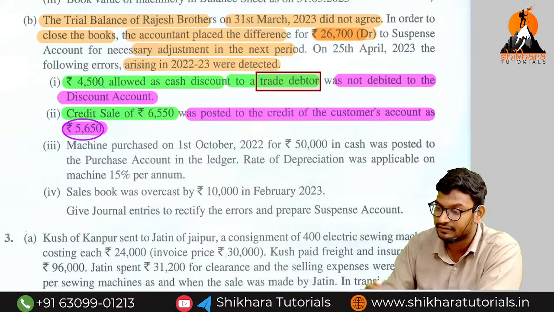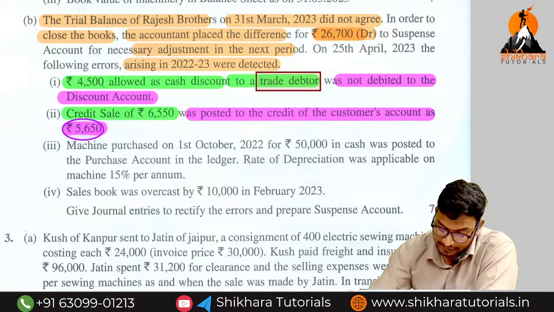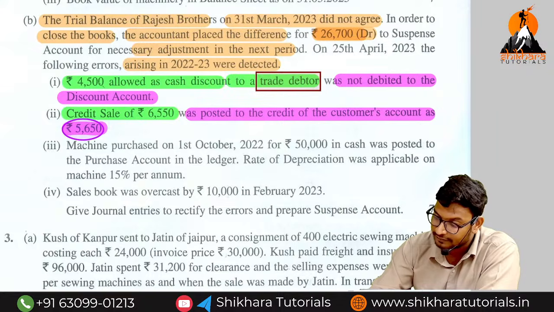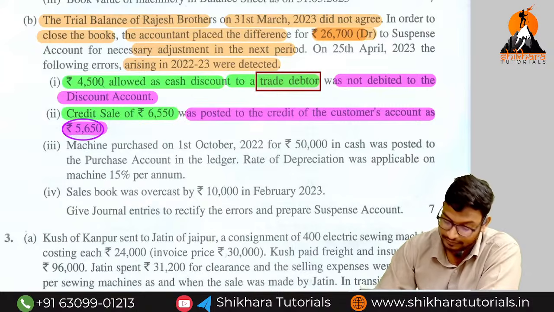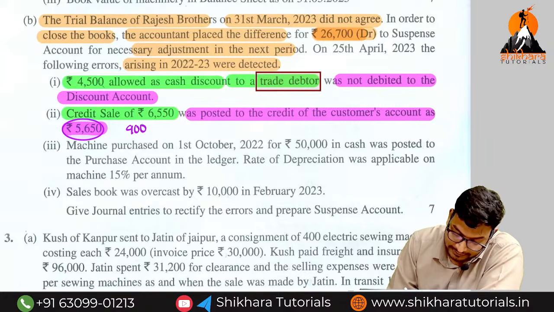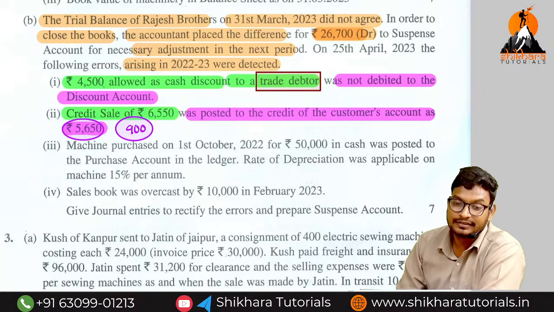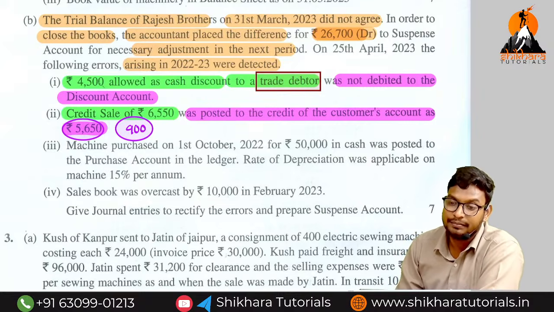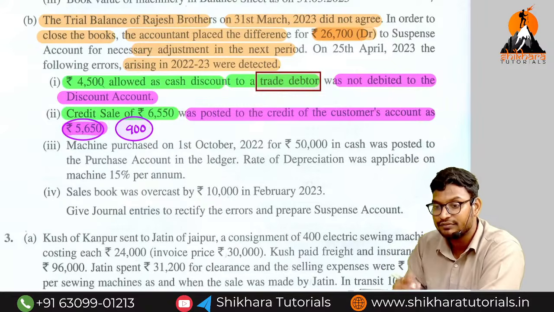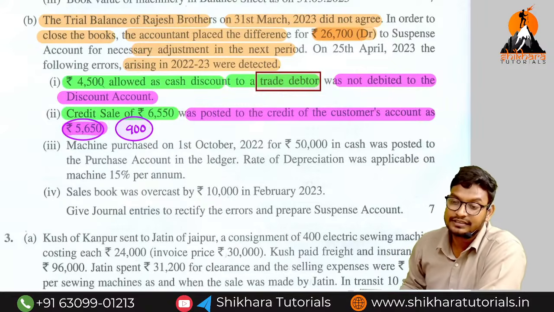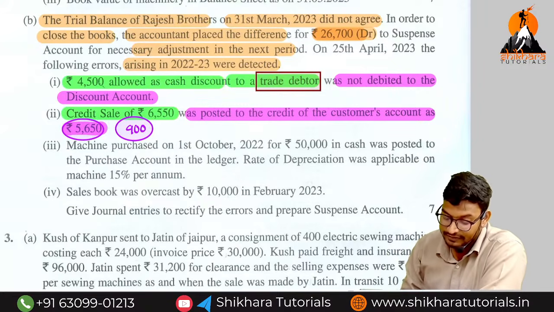Can you say the difference? What is the difference we are going to get? 6,550 minus 5,650. What is the difference? 900. This is called undercast or overcast? Undercast. So the customer is having which balance? Debit balance. Debit balance undercast means we need to increase, so now the customer will be debited. The difference amount is 900.